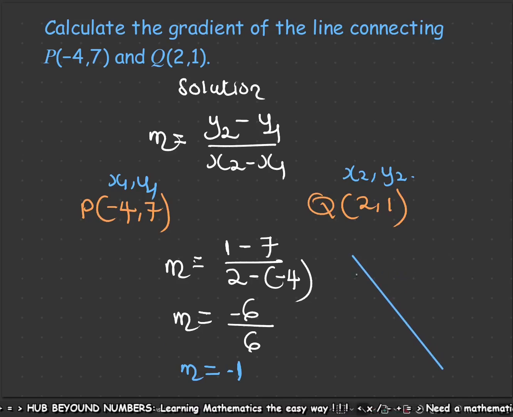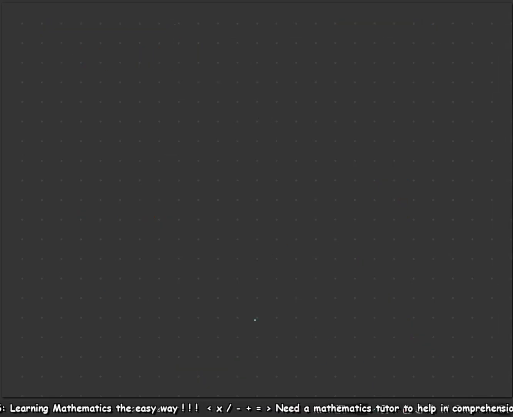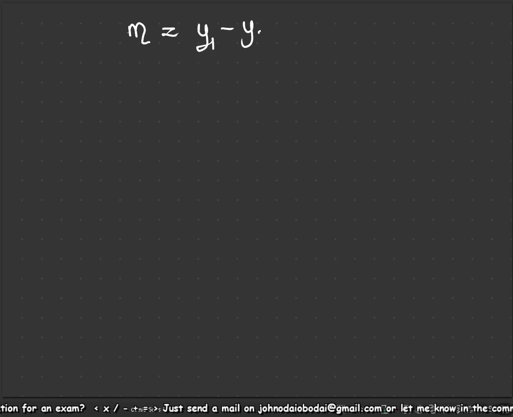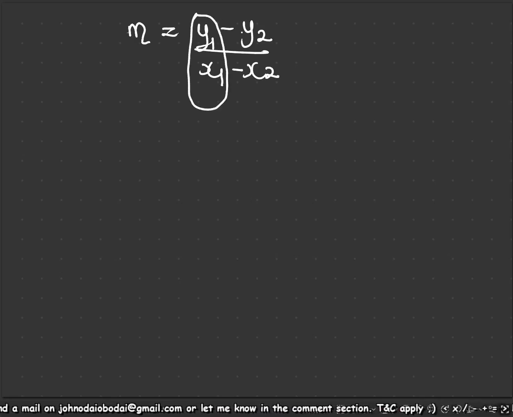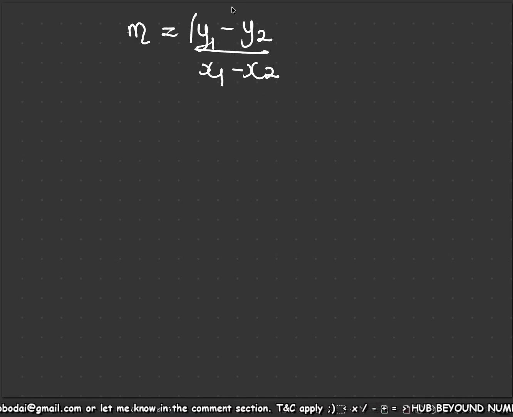You get it? Okay. Now, as I said earlier on, our gradient, apart from the formula we had written there, can also be written as y1 minus y2 all over x1 minus x2. You see, I said that if you are consistent with your order, then it is well.